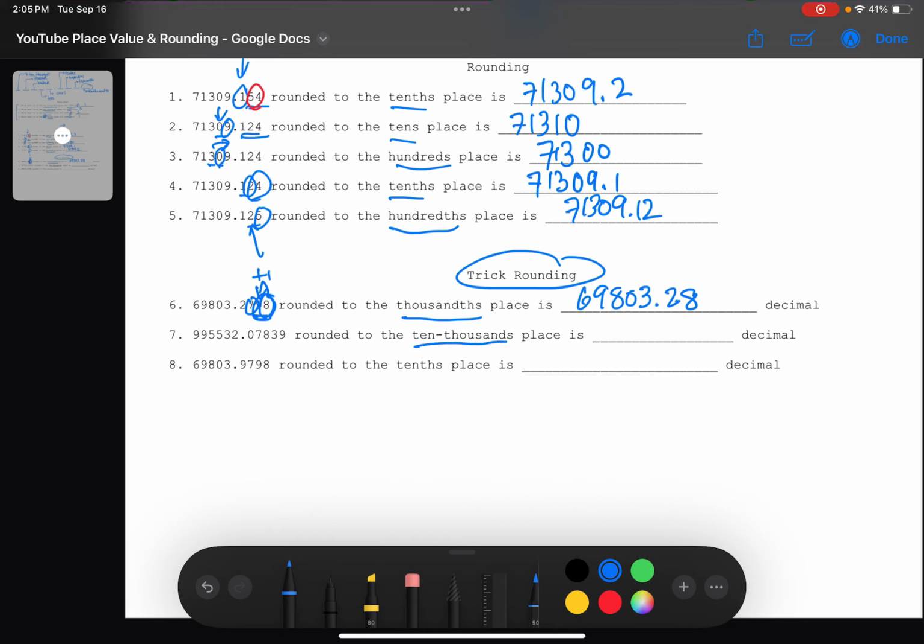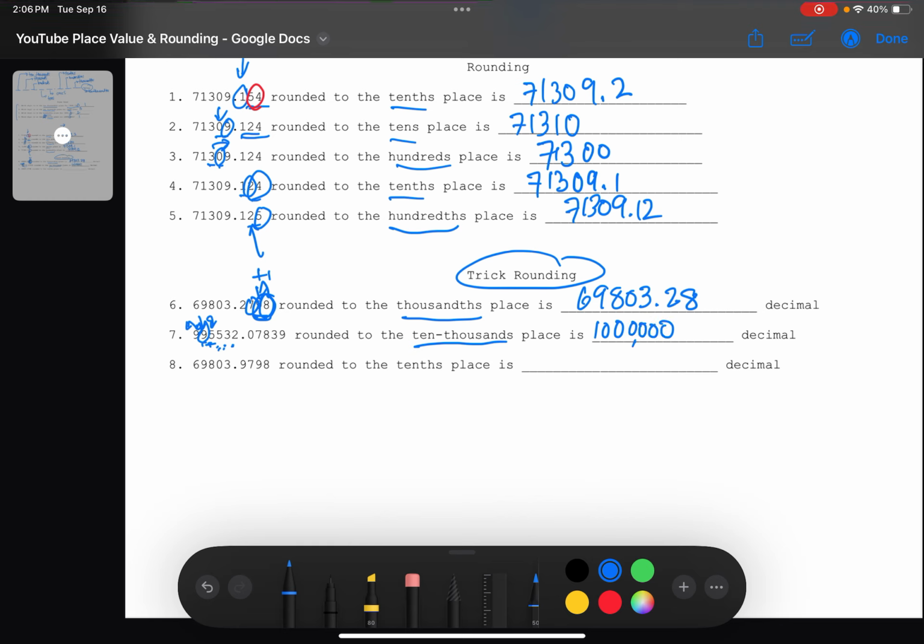The next one is the 10,000s place. So this is the ones, tens, hundreds, thousands, 10,000s place. So the number before it is greater than 5, so that means we're going to increase this one by 1, which means we're going to increase that one by 1, which means we're going to increase the next one by 1. So it becomes very layered. So it's going to be 1, 0, 0, 0, 0, 0, 0.